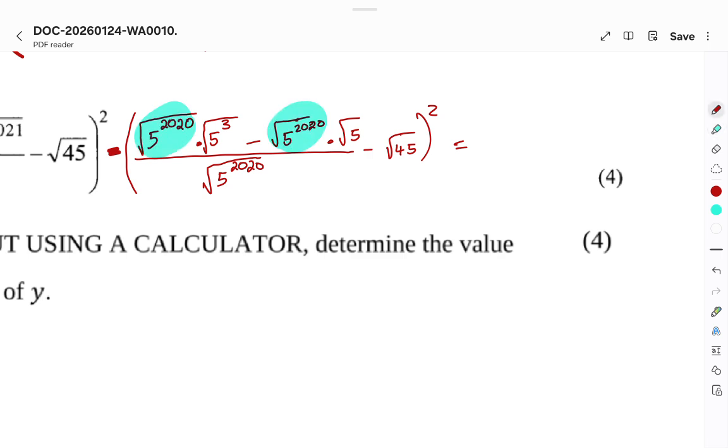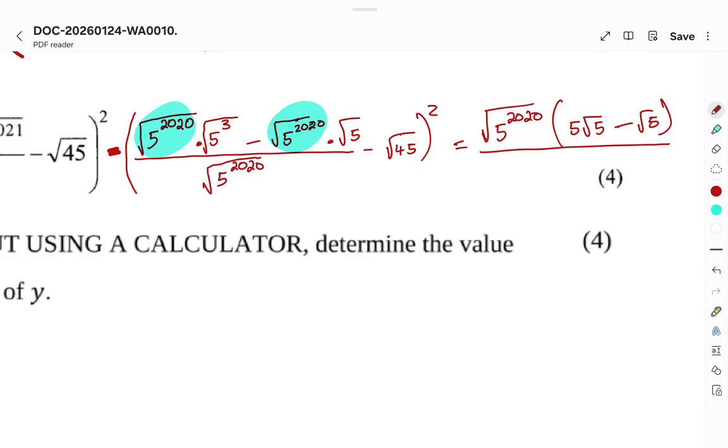If you just factor out that one, you'll have root 2020, then what will remain inside there is going to be 5 root 3. So that is going to be 5 root 5 minus the root 5.